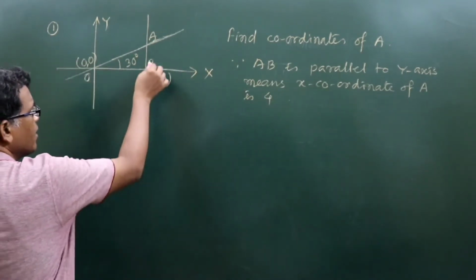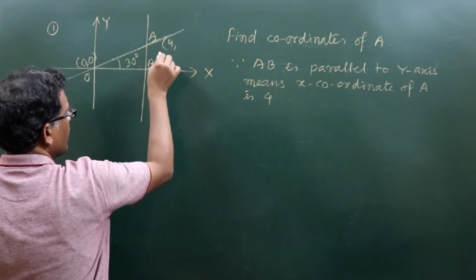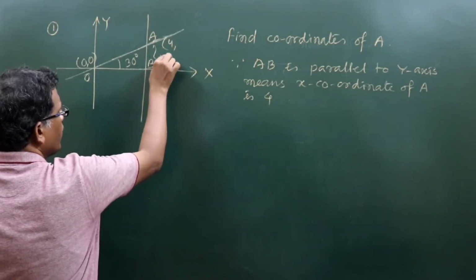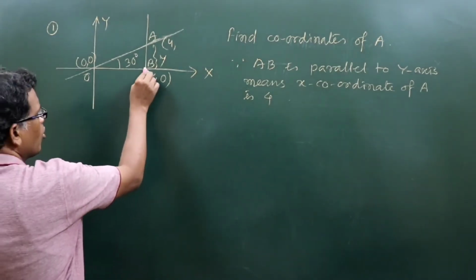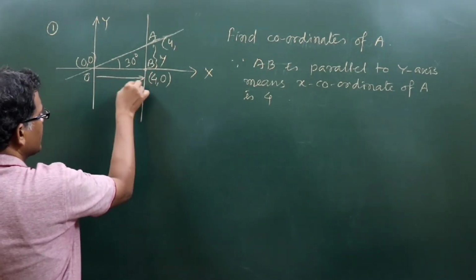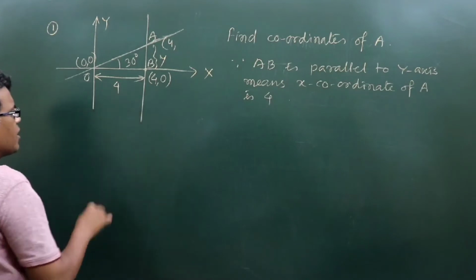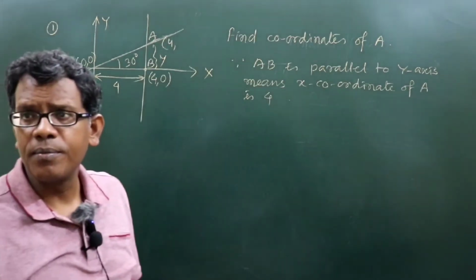So this point must have x coordinate 4. We now need to know the y coordinate of this, as B is at a distance of 4 units from the origin, right?